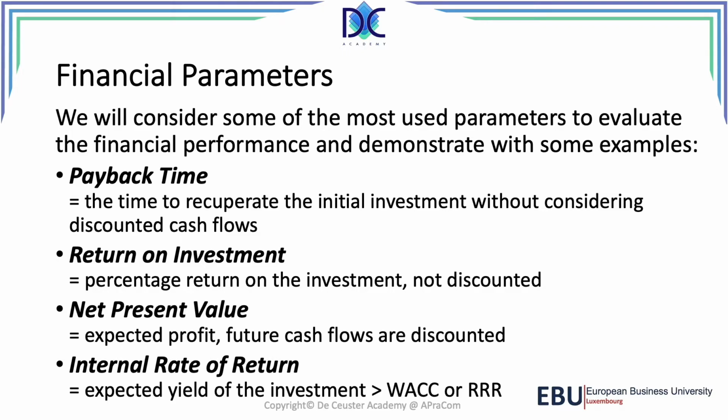And that risk factor is a few percentages depending on the company added to the WACC. And then we don't refer to the WACC anymore, but we refer to the RRR. When the percentage for risk is equal to 0, then the WACC and the RRR are equal.